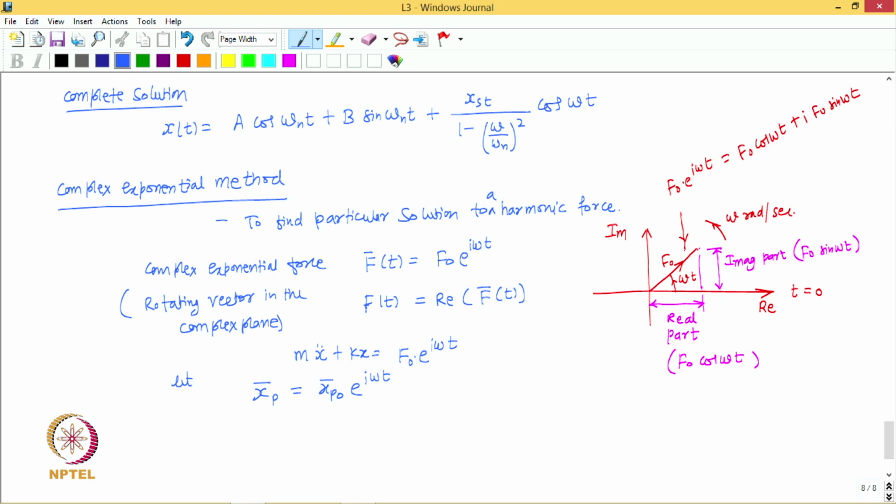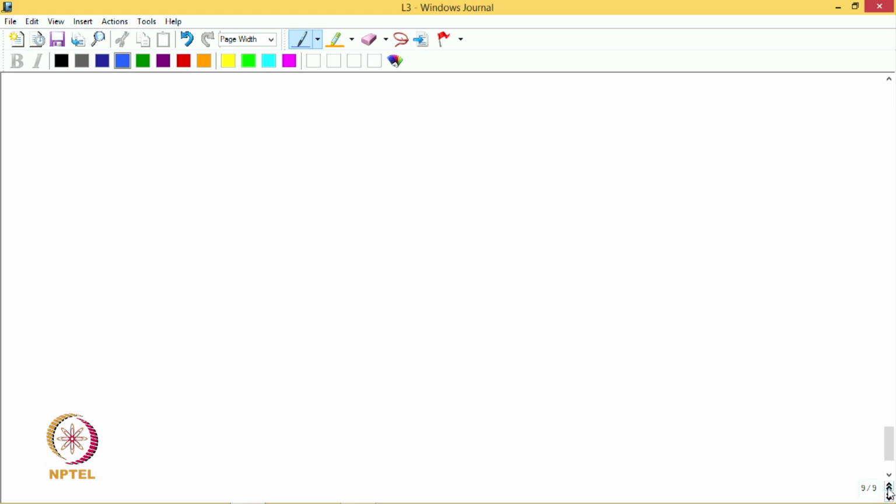and therefore, now we need to differentiate. So, xp bar dot is nothing but the derivative of xp bar with respect to time, and because xp bar is nothing but xpo bar e to the power i omega t, what we get is i omega times xpo bar e to the power i omega t, which is nothing but i omega xp bar.